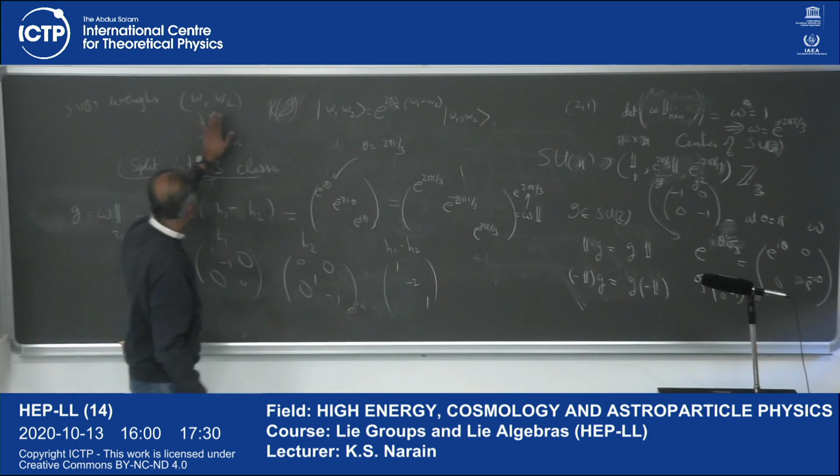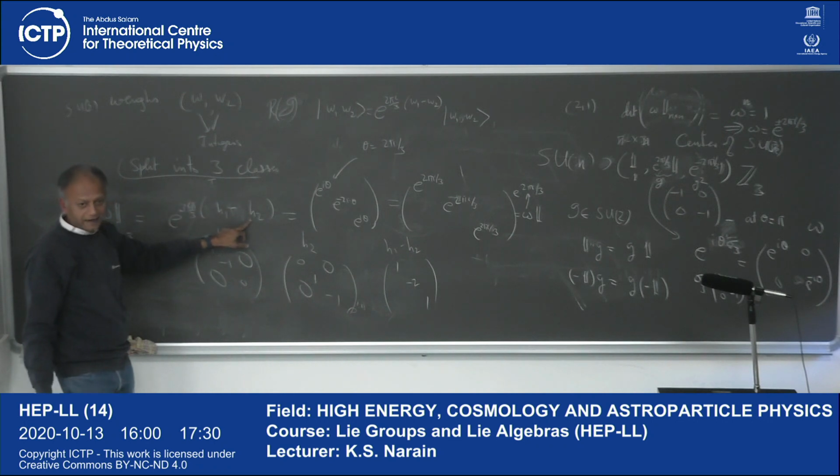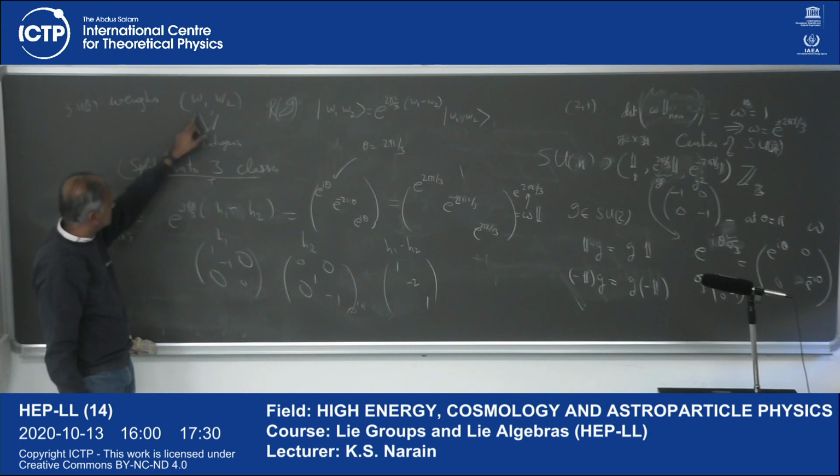Right? Because we already have this diagonal. I mean, this is in the basis where H1 and H2 are already diagonal. So I just have to compute what its action is. When H1 acts on this, it picks up W1, and when H2 acts on that, it picks up W2.